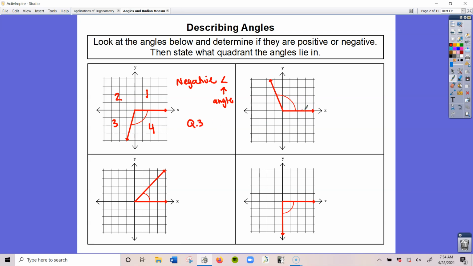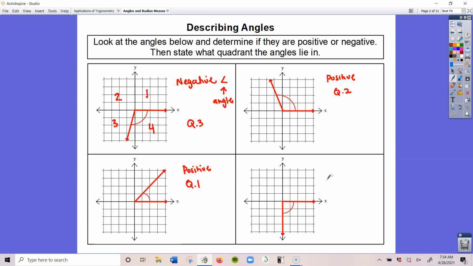This next angle here, it is opening going up, so this is a positive angle, and it lands in quadrant 2. Over here, this is also a positive angle because it's opening going up. And this lands in quadrant 1 since the terminal side is in quadrant 1.